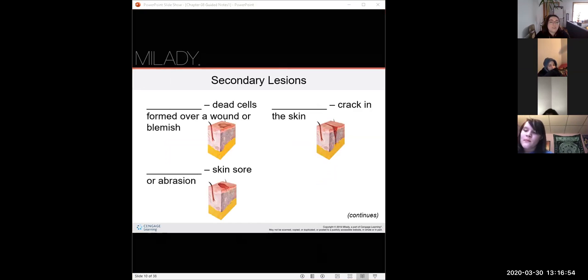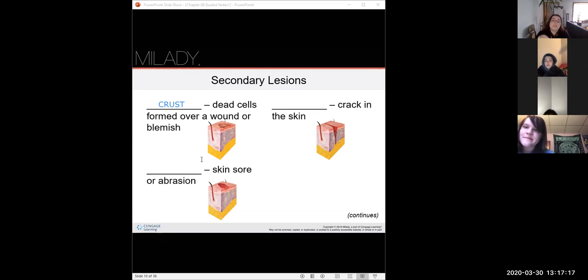Secondary lesions, these are ones you're not gonna see as often, but you will see them. It's likely you will see them, so it's good to know. The first one we're going to talk about is dead cells formed over a wound, a crust, or a scab. Basically, think of a scab.